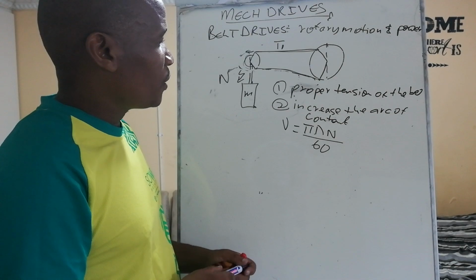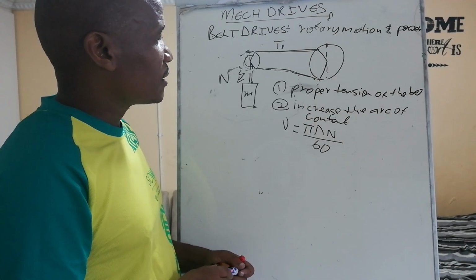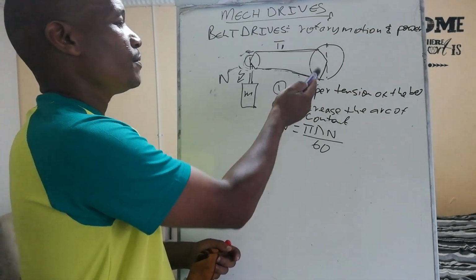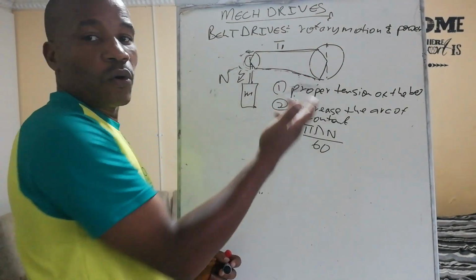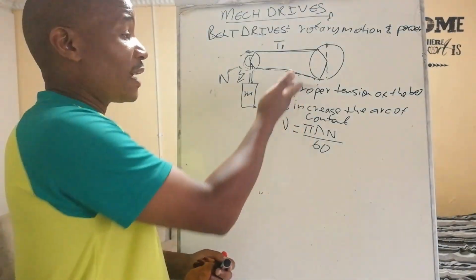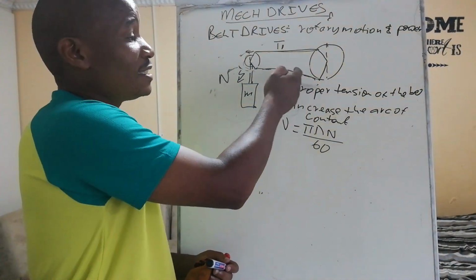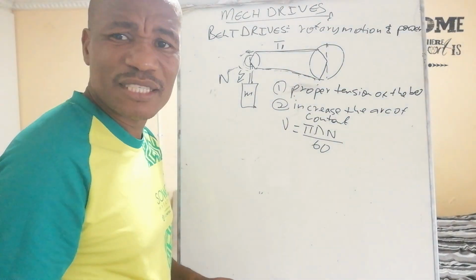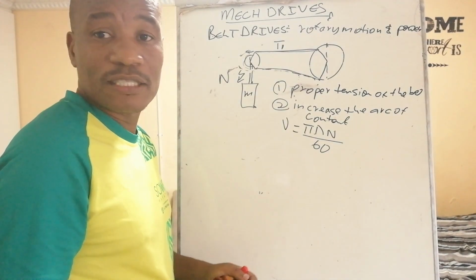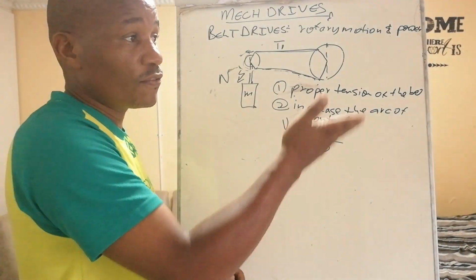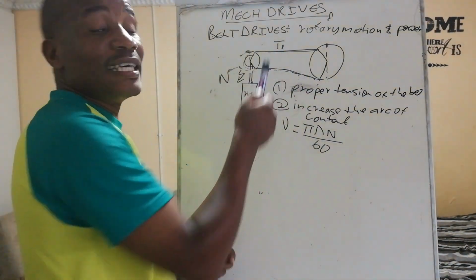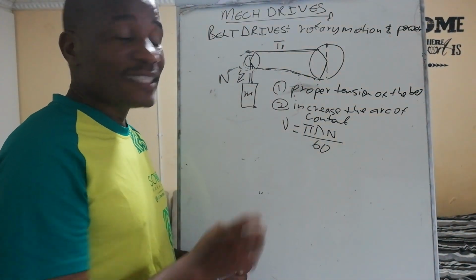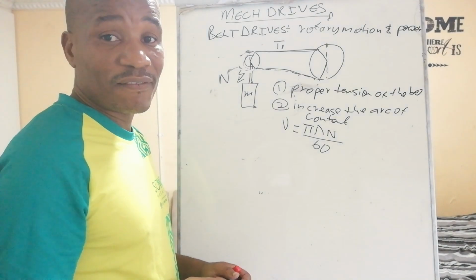Secondly, with regard to the disadvantages, I will say we always change belts. One other thing with regard to advantages is that these belts are relatively cheap. They are cheap, it's less than 200 rand if you buy them for your car. But they slip, they slip too much. That is the main disadvantage.